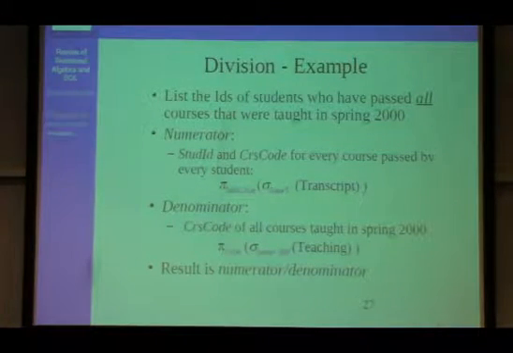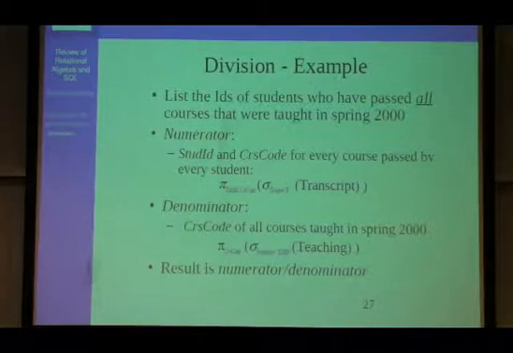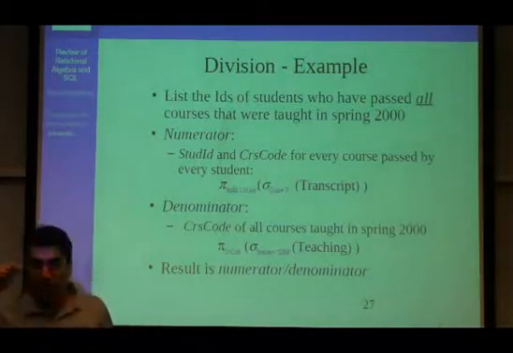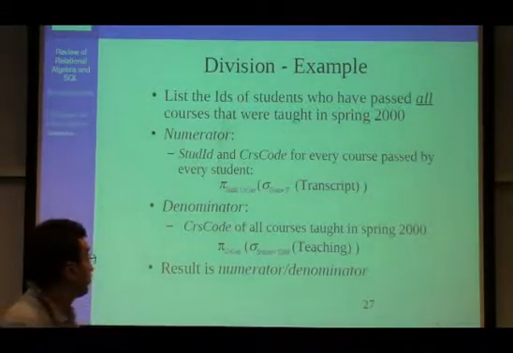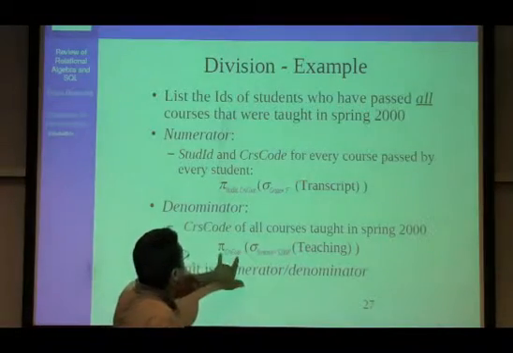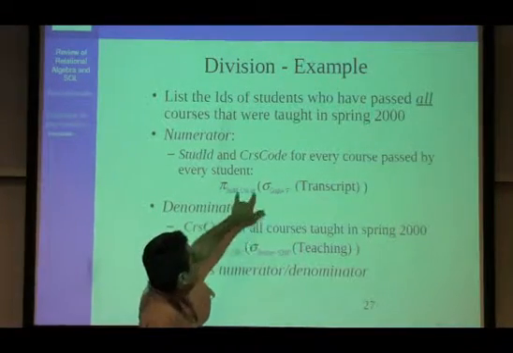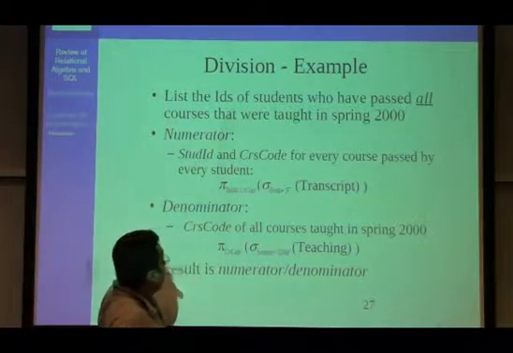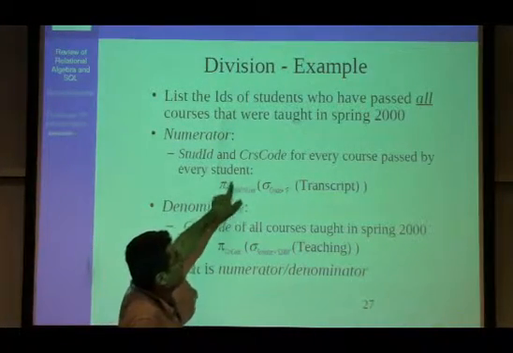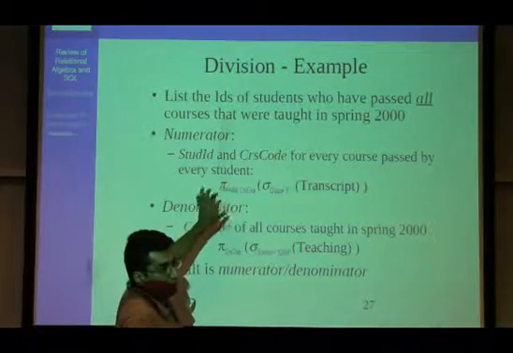Numerator and denominator should be 2 different relationships. The numerator should have the columns that are in the denominator, and also some more columns.